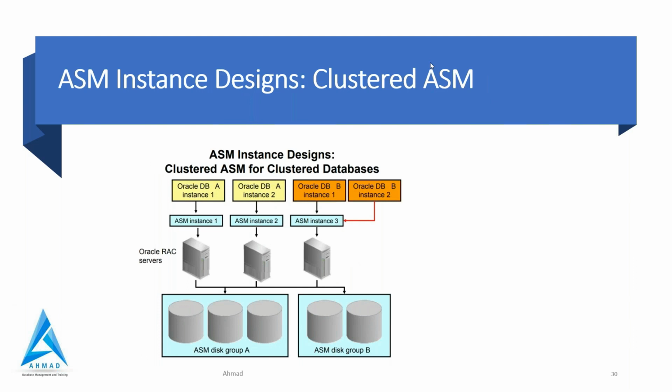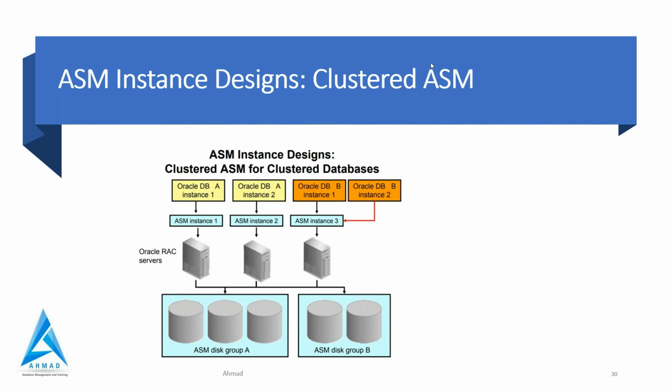Now in this figure, you can see that you have ASM instance 1, ASM instance 2, ASM instance 3, and you have database A instance 1, instance 2, database B instance 1, instance 2. So here you have clustered ASM also, and you have clustered database also. Got it?